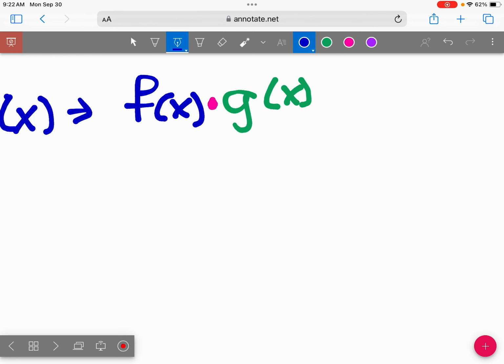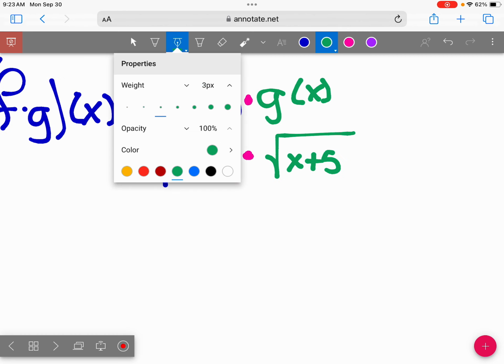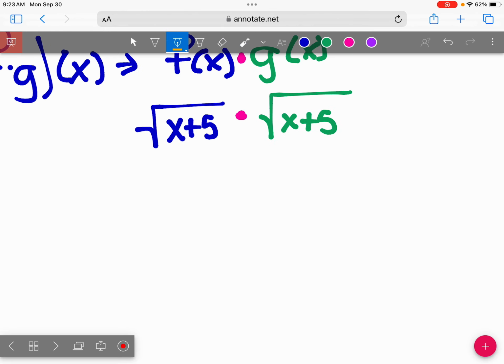So when I write this down, my f of x, that's my square root of x plus 5 times square root of x plus 5. You can put them in parentheses if you want, but you don't have to. What do we notice here? What happens when we multiply square root of x plus 5 times square root of x plus 5?